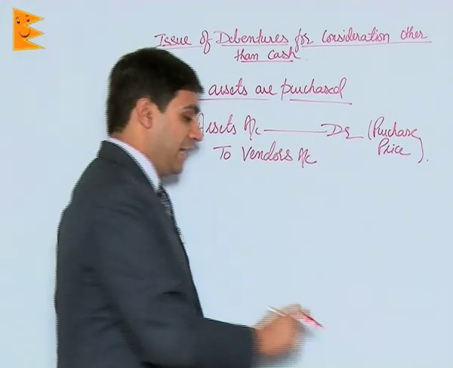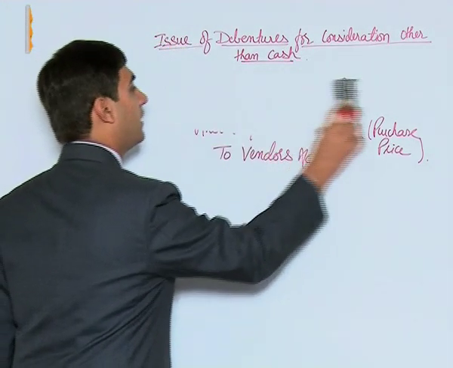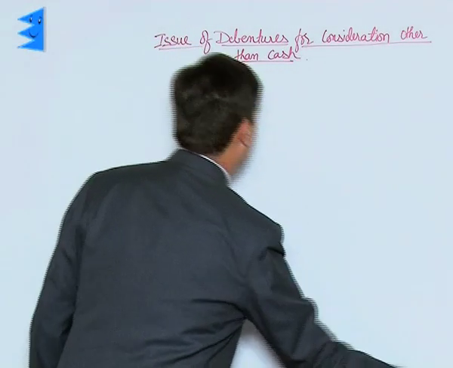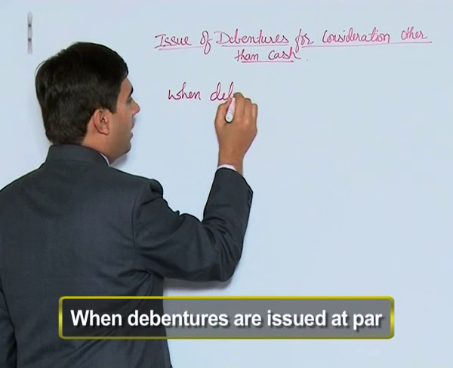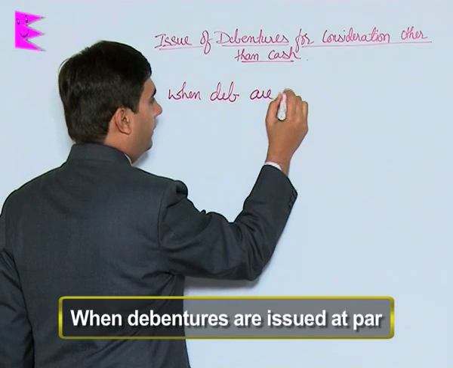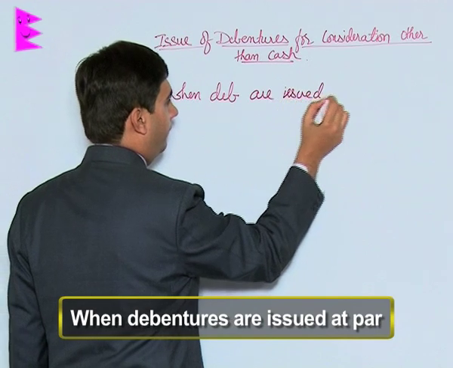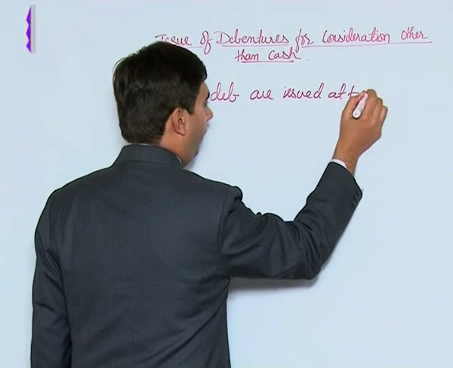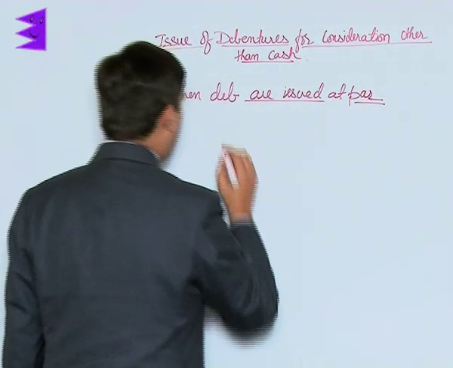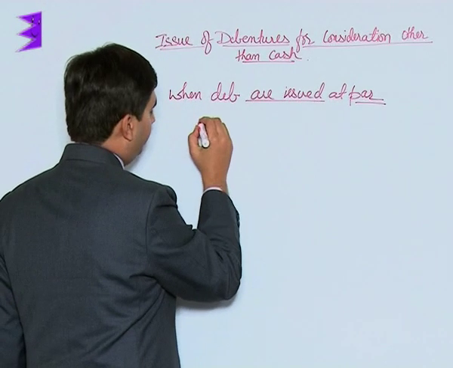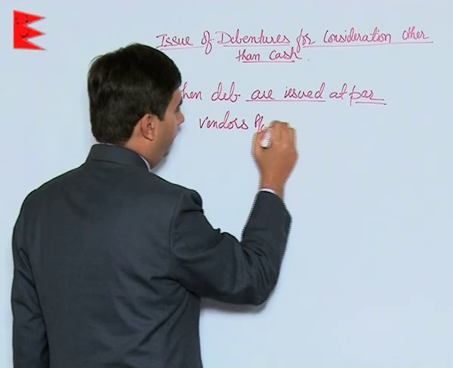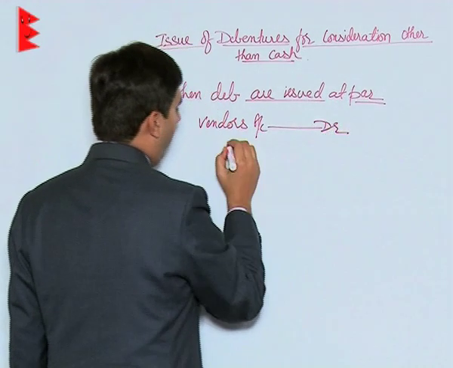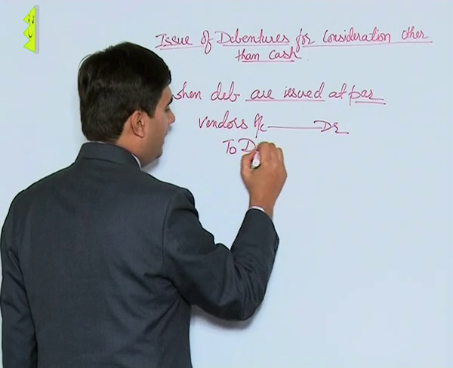So students, in case debentures are issued to them at par, when debentures are issued at par, entry would be vendors account debited to debentures.